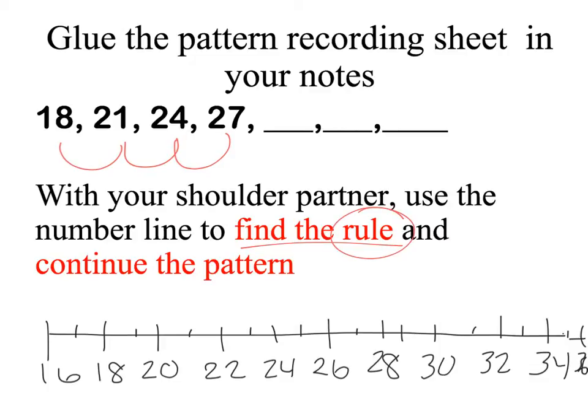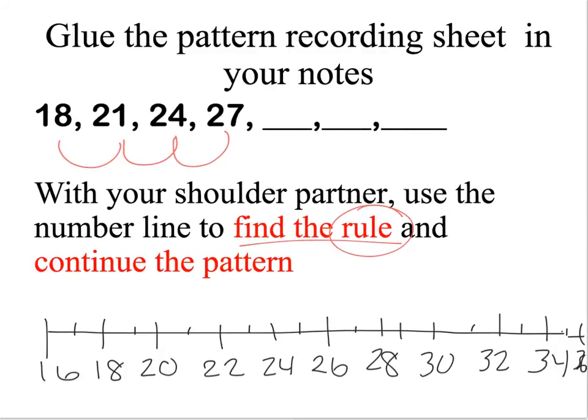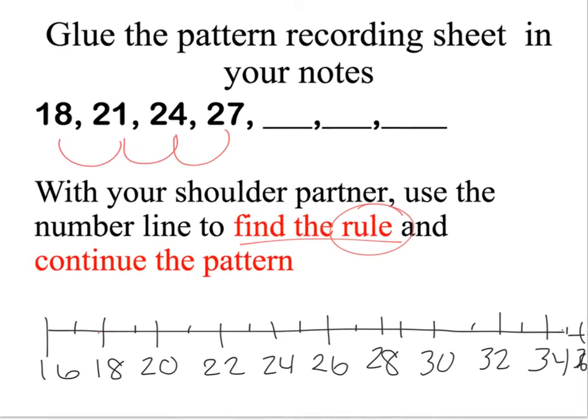To show the pattern on the number line, you first start with what the first number is. The first number is 18, so we're going to start on the number line at 18, and we're going to go to the next number, which would be 21. If we look, each tick mark is worth 1, because the numbers are counting by 2, and then there's one in between, so each one is 1. So if we count, that's 1, 2, 3.